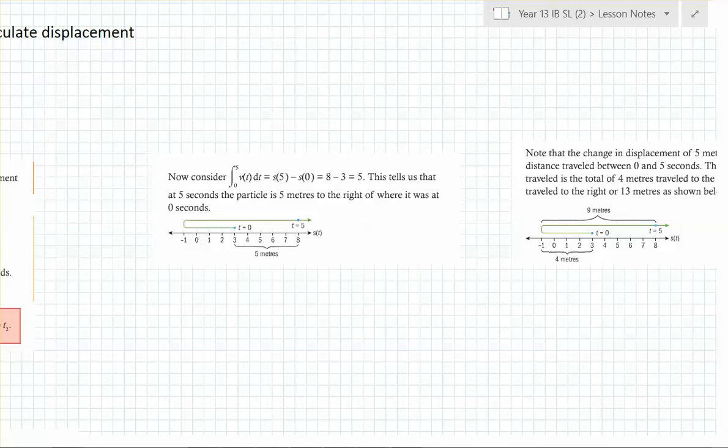Now, we can see that that's different. So we've got displacement is 5, but what is the total distance travelled by the particle at this stage?